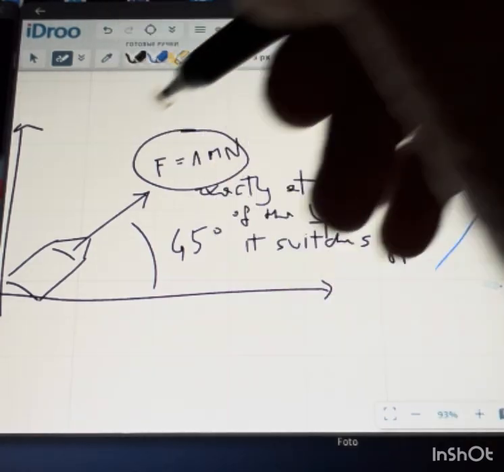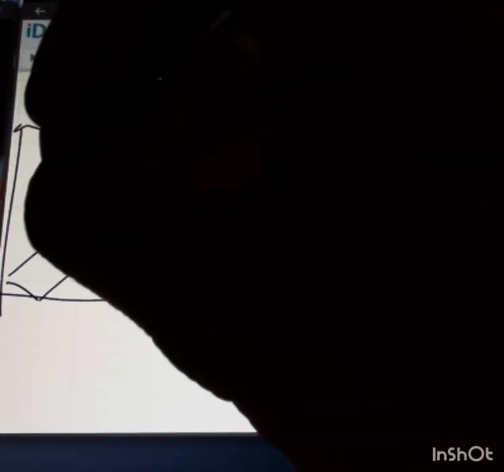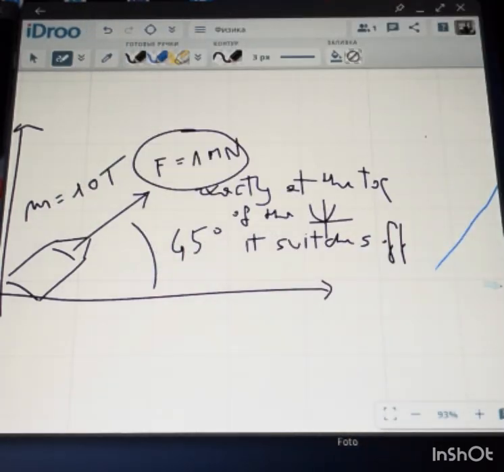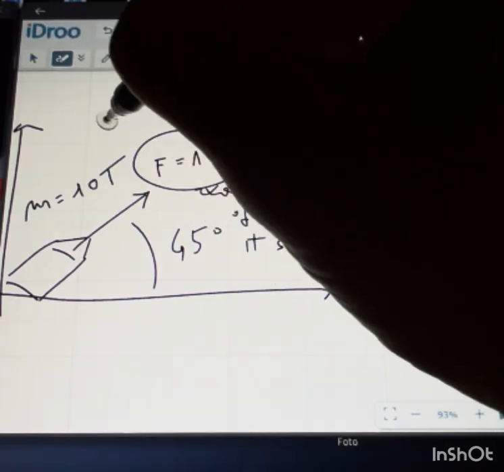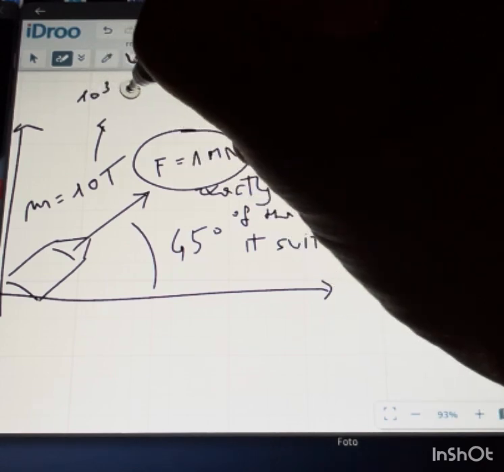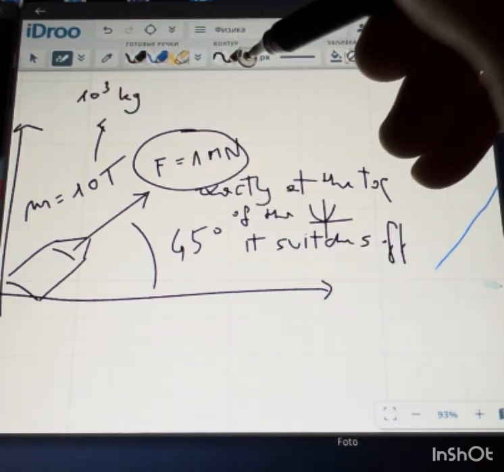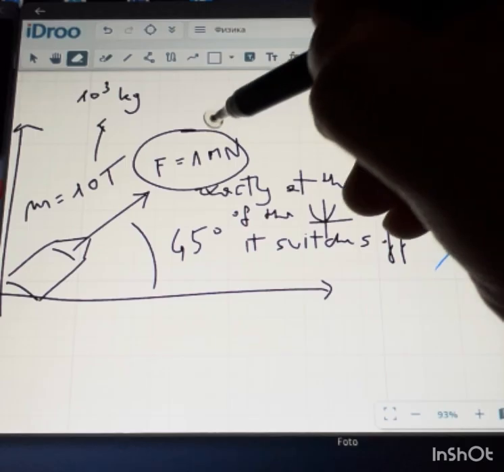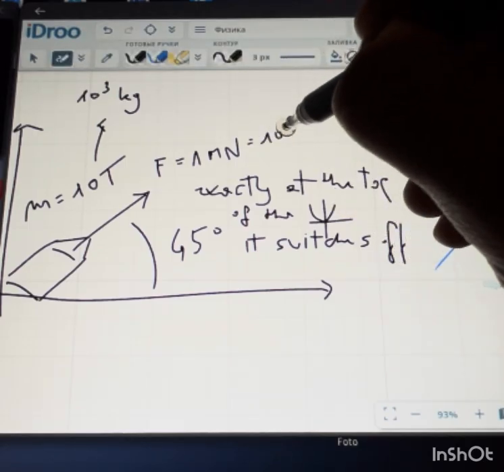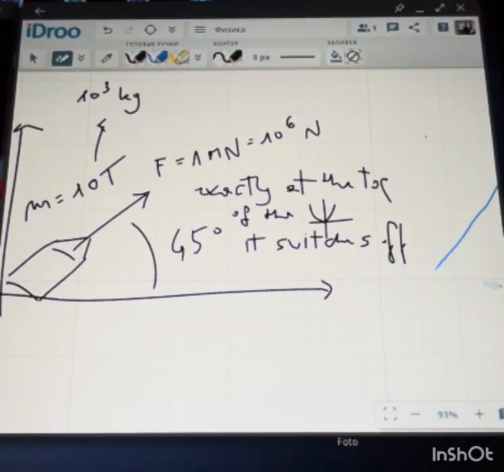By the way, if I don't give you the mass, it won't work. So let's say that the mass of this thing is 10 tons. A ton is 10 to the third kilograms, and a meganewton is 10 to the sixth newtons.